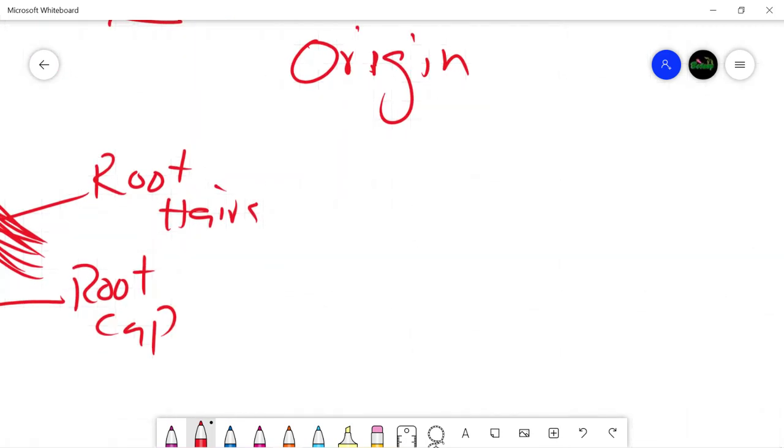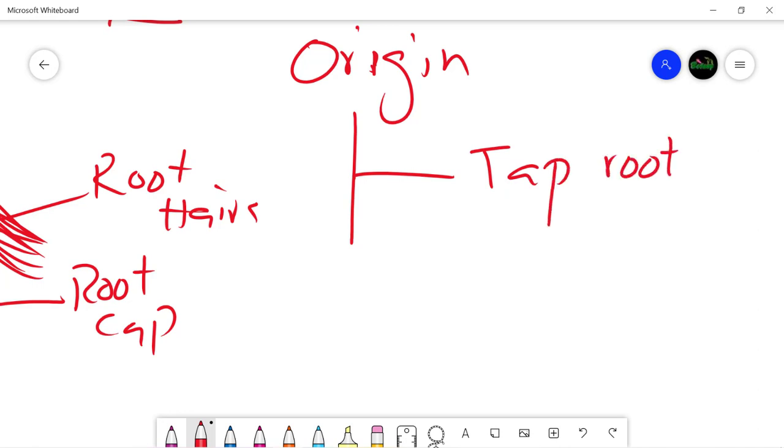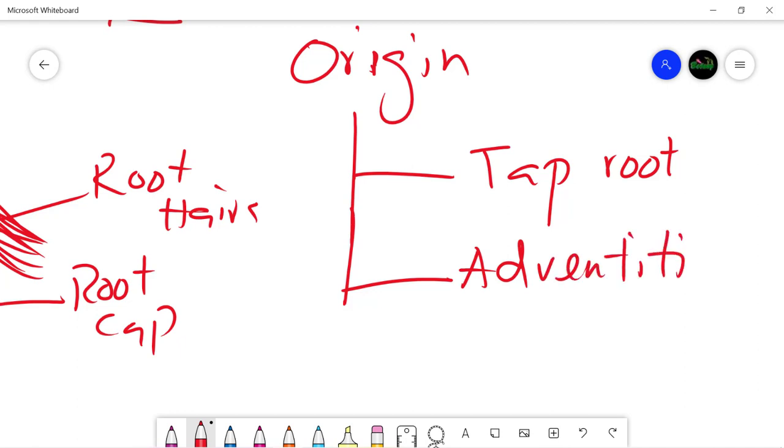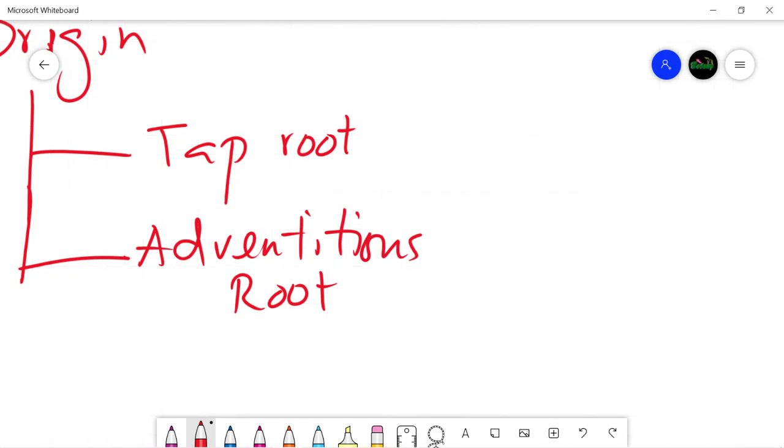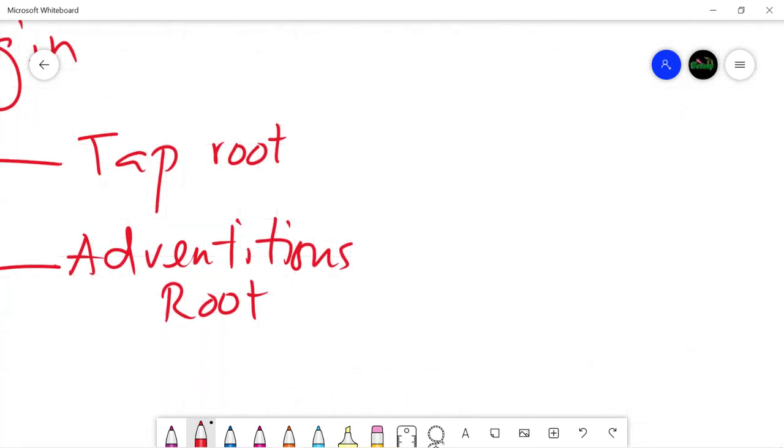So the root may be taproot or adventitious root. These are the two basic kinds of roots. Now taproot is the one which arises from radicle, or radicle changes into root.